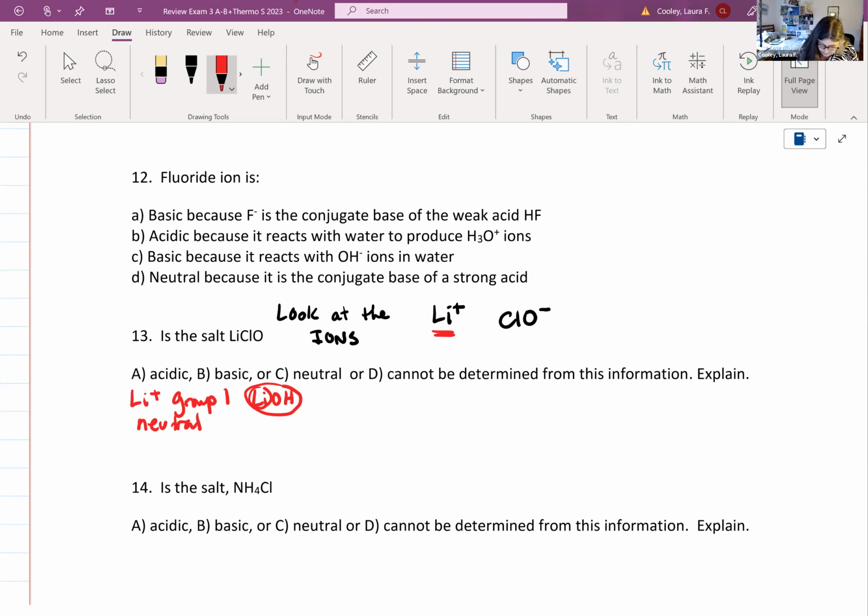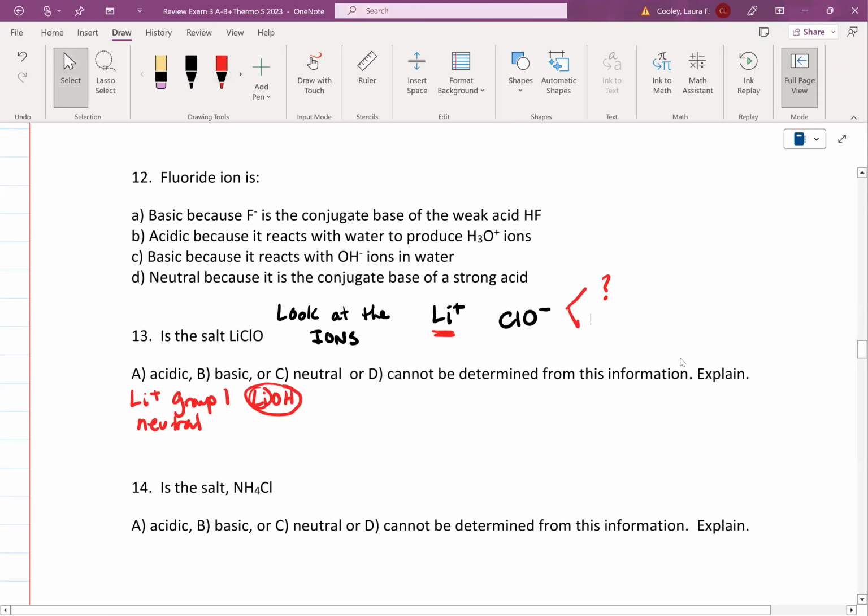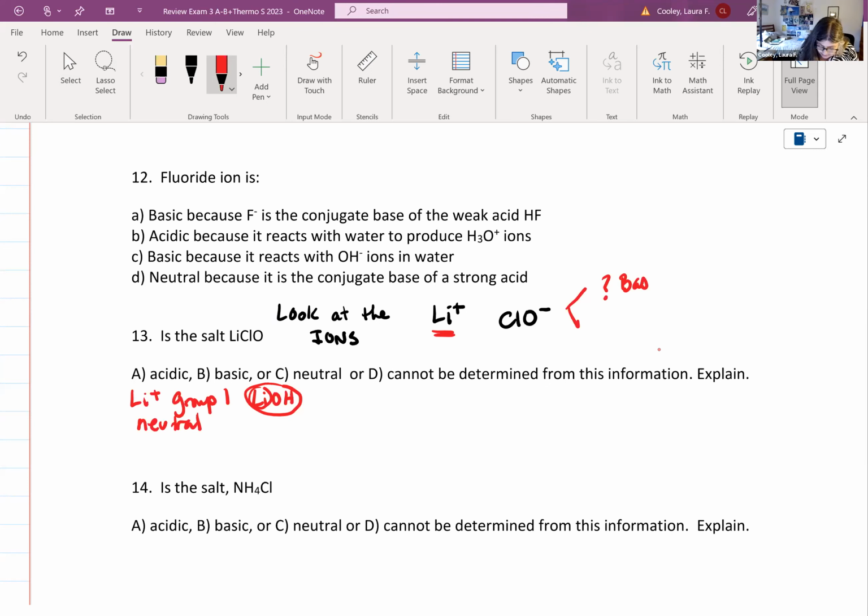So what about this one? So you have to ask, sorry? Basic? Yes, that's basic. Why? It's the blank of a blank.